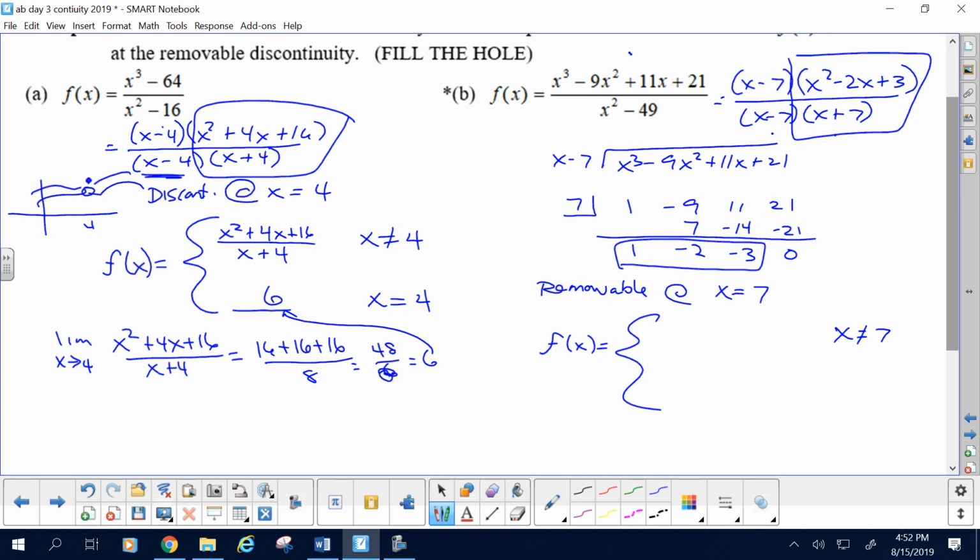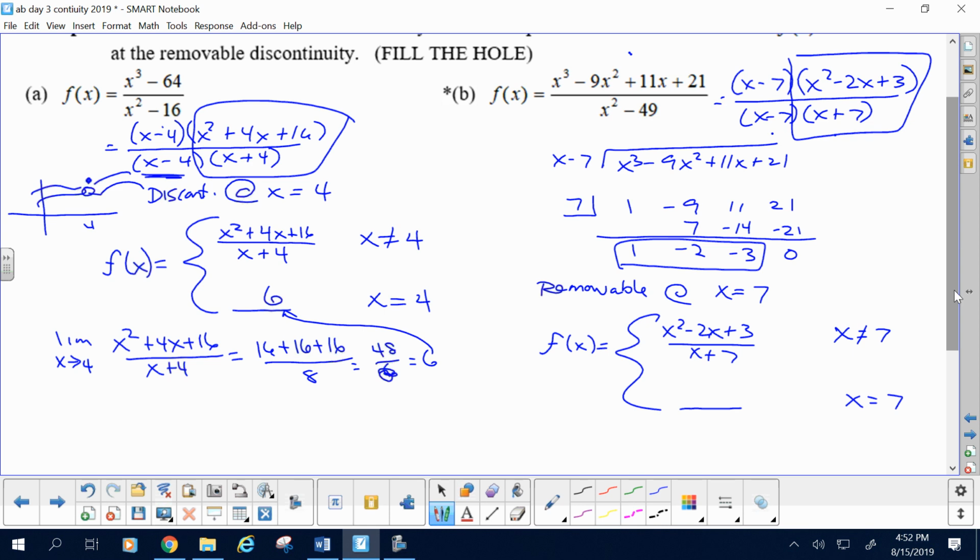Again, at all the other numbers besides 7, these just divide away, and you're left with what's left, x squared minus 2x plus 3 over x plus 7. The question is, what about when x is 7? What single y value should you use to make a point that fills the hole?